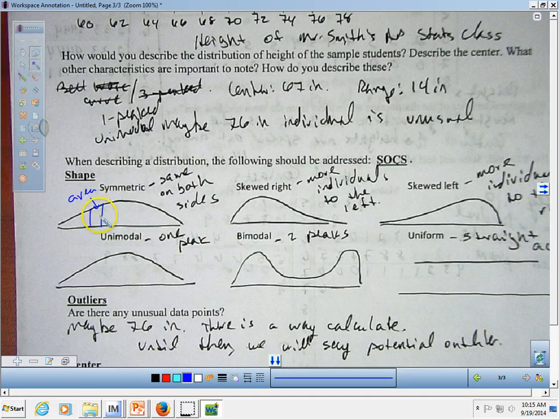Quadrilaterals have segments for sides, going back to geometry. Really, symmetric, skewed right, skewed left, unimodal, bimodal, these are all going to have curves. And any of you who have taken calculus might start to think, I can find the area under the curve if we just integrate. And that's true. But that's more math than what we want to get into.